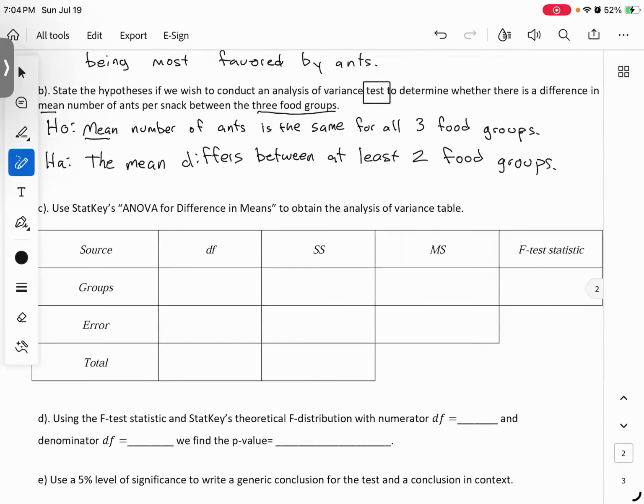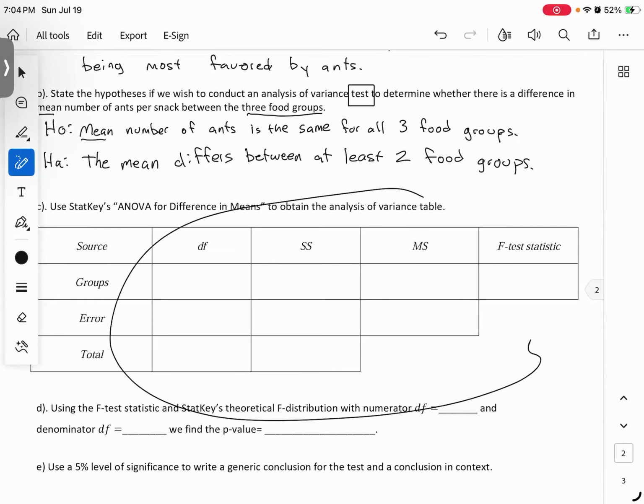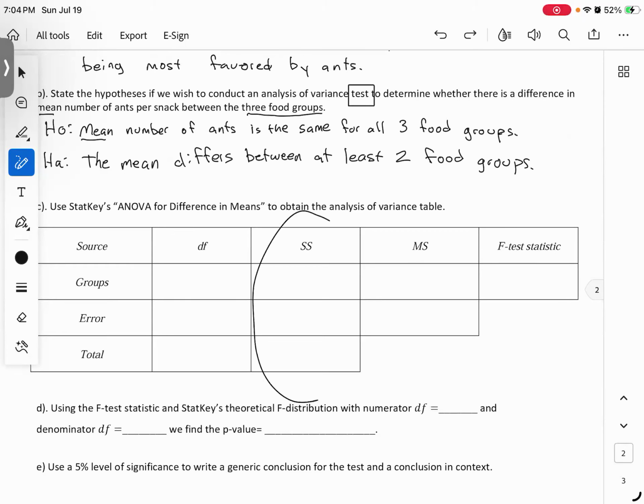You're going to see that it's going to actually do all of this for us, and we're literally just going to be copying it. It's really the sums of squares that are very difficult to do if we don't have a formula for it, and the formula itself is very busy. That's not something we're going to busy ourselves with. We're going to let StatKey do the heavy lifting.